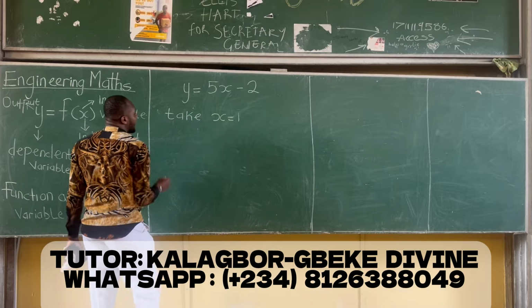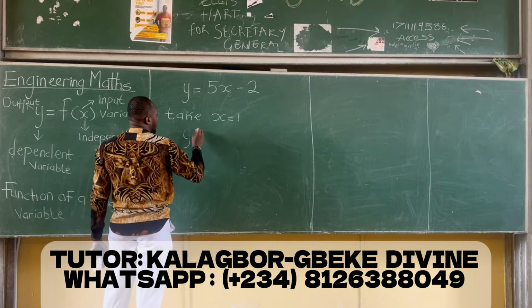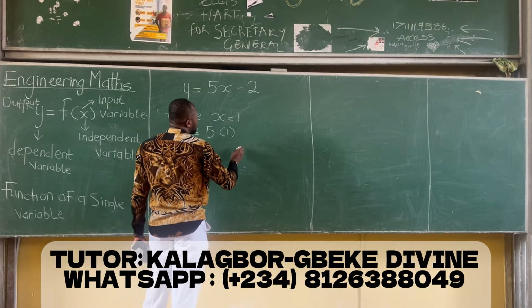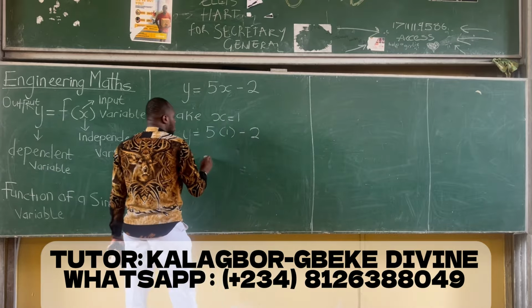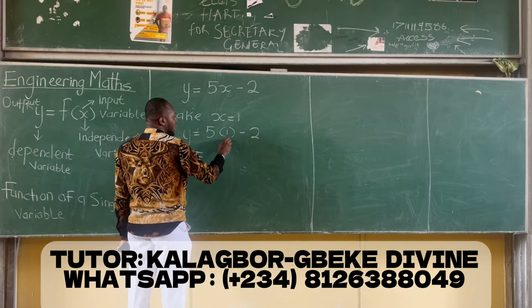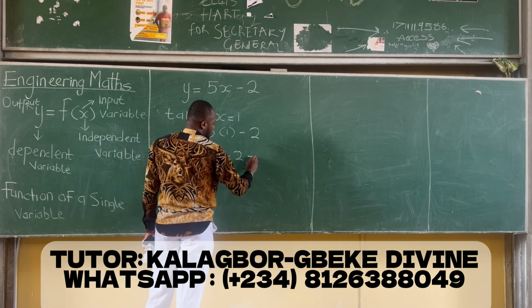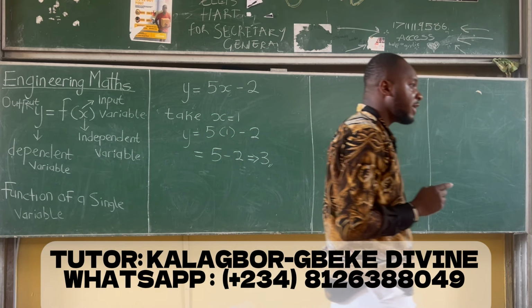the corresponding output will be what? Anywhere we see x, we put in 1, so that will be 5 times 1 minus 2, which will give us 3. So this is the logic behind a function of a single variable.